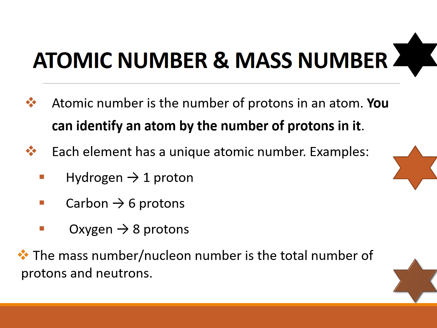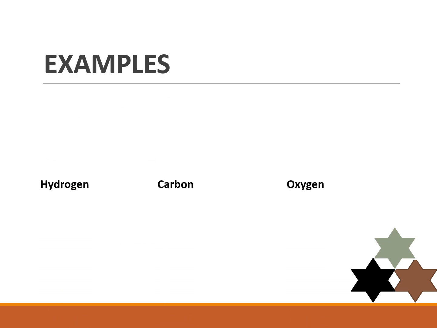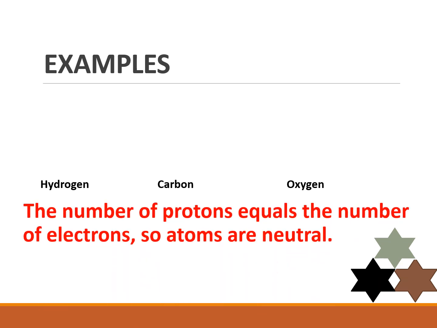The mass number, or the nuclear number, is the total number of protons and neutrons in an atom. So let's look at examples. The 3 atoms that we had in our previous slide: hydrogen, carbon, and oxygen. The number of protons for hydrogen is 1, so that's the atomic number.